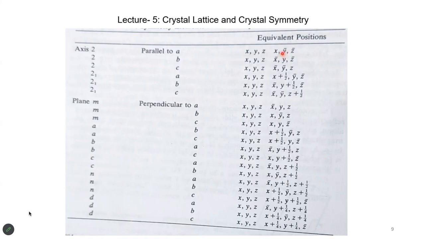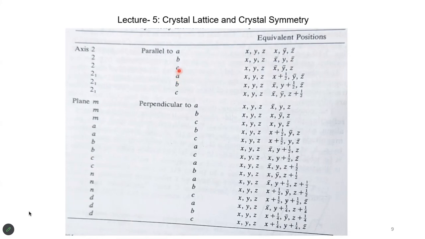In many books, it is written minus y, minus z, without giving a bar, because it may be a bit difficult to type bar y or bar z. Parallel to b, just bar x, bar z, and y; the equivalent positions will be this one.